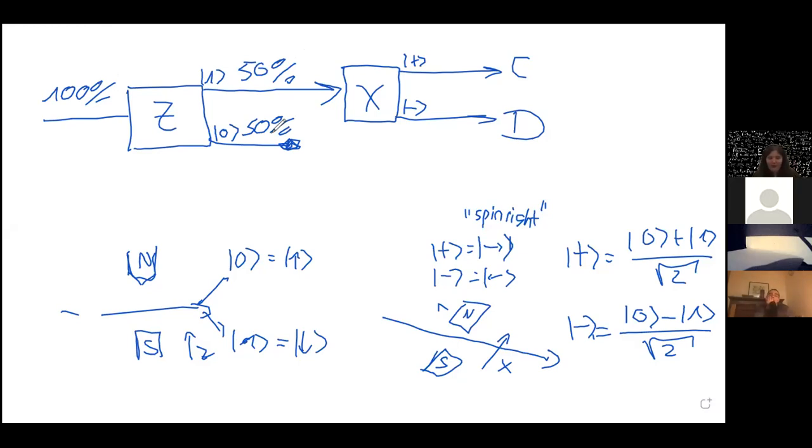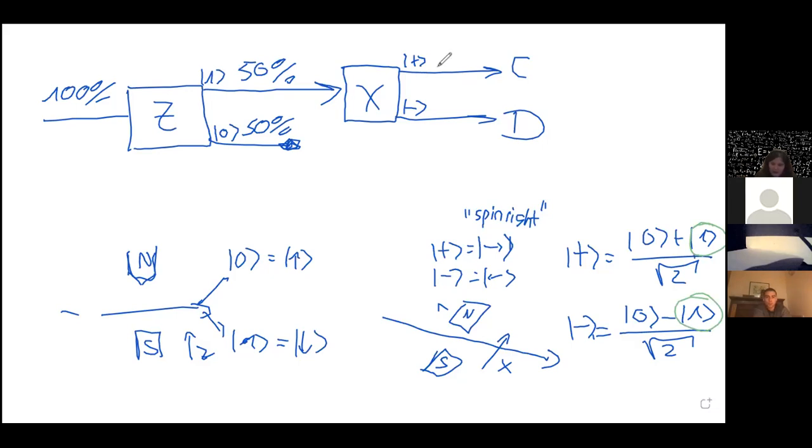For the plus and minus, you're putting half of the spin up states into the X one. I have this spin up in both of them, here and here. Part of the superposition is spin up, and this means in both the plus and minus states, I have this one state.